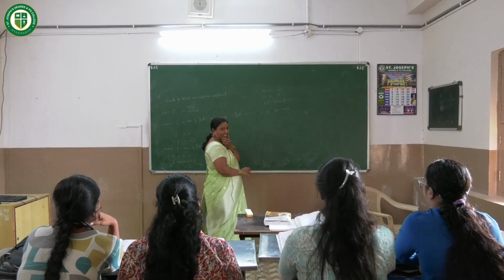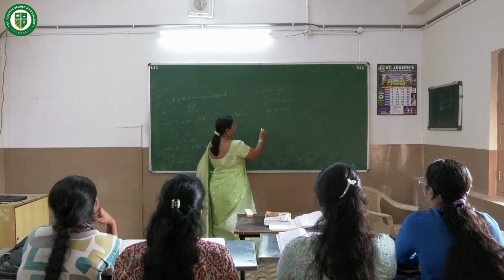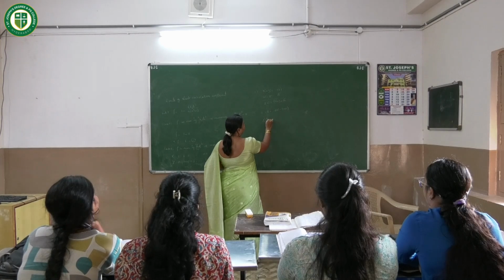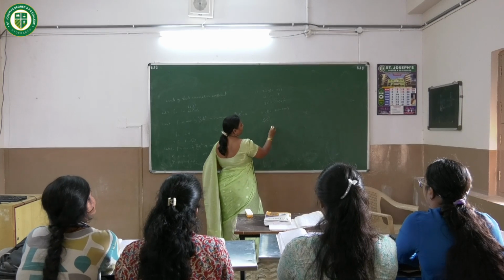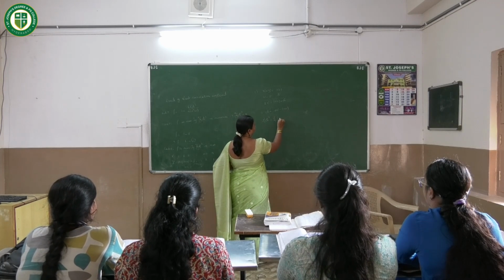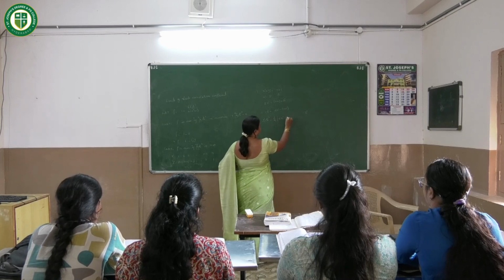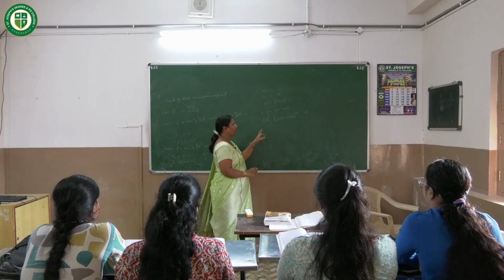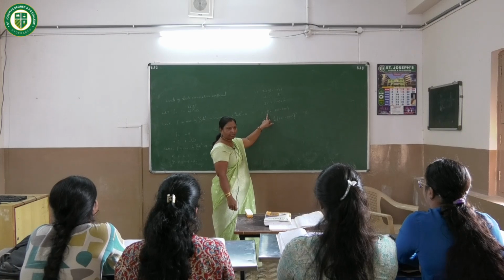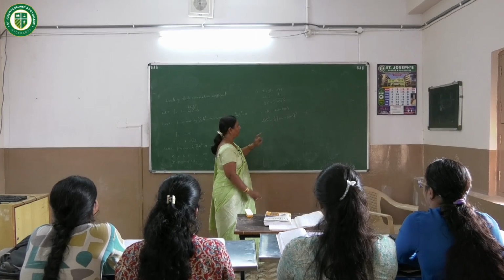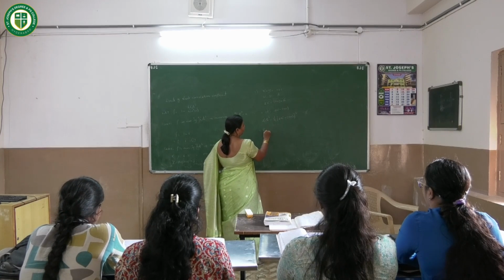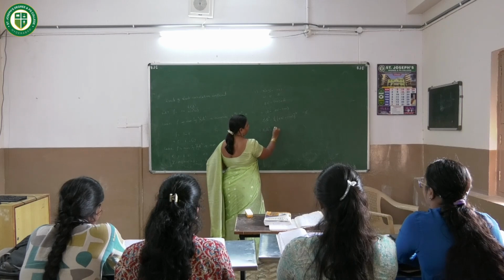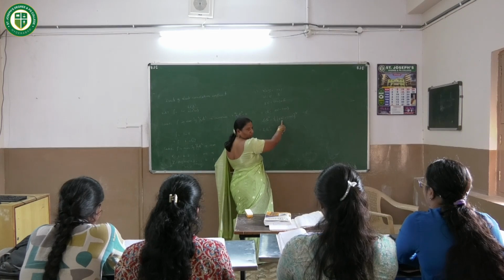Squaring on both sides and taking the summation, I will get summation di square is equal to summation of 2xi minus of n plus 1 whole square. This is in the form of a minus b whole square.